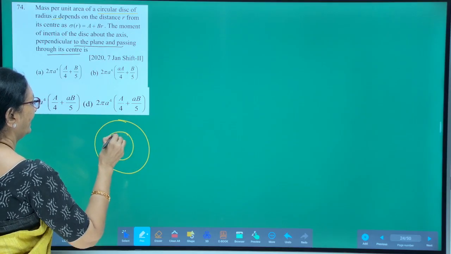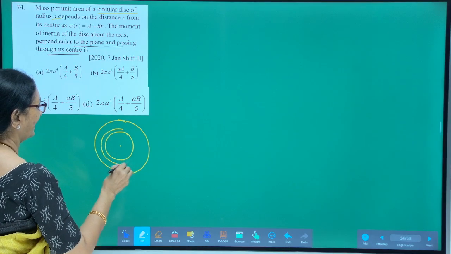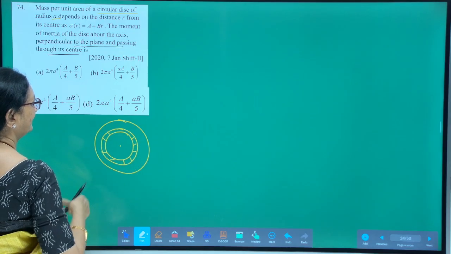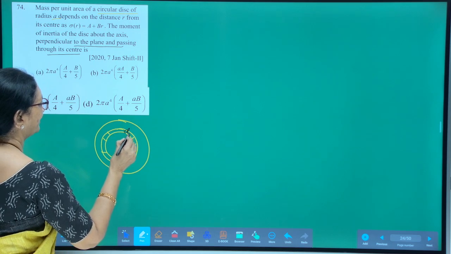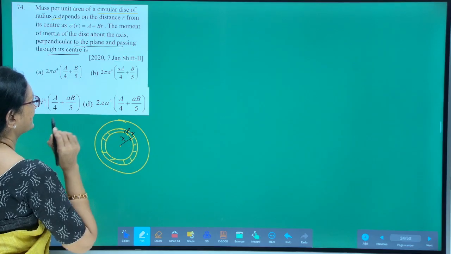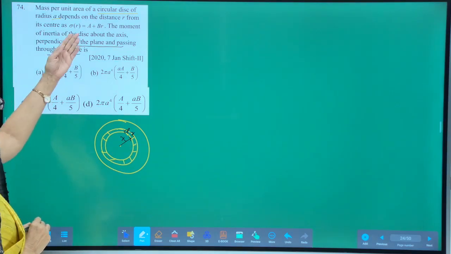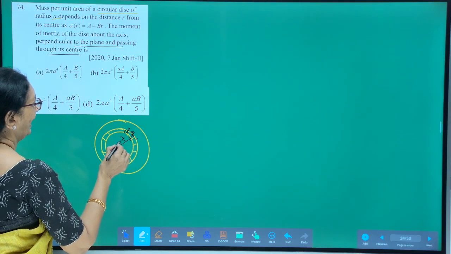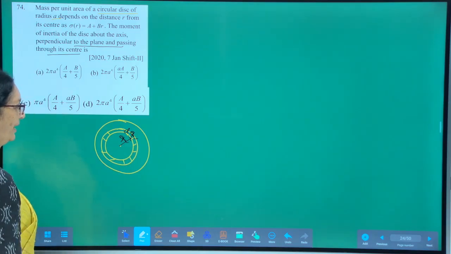Let this be a small element of thickness dx. Let the thickness of the element be dx, and it is at a distance r from the center.